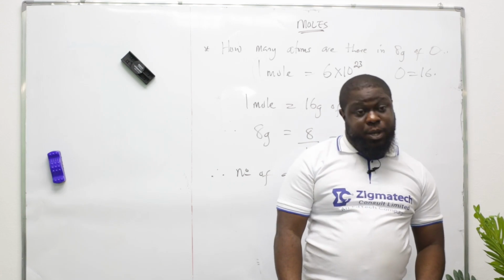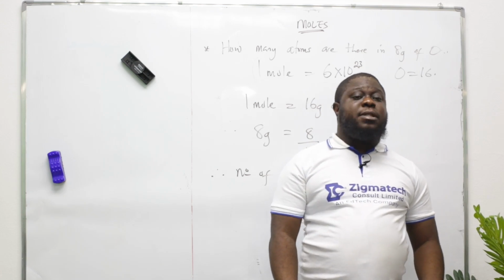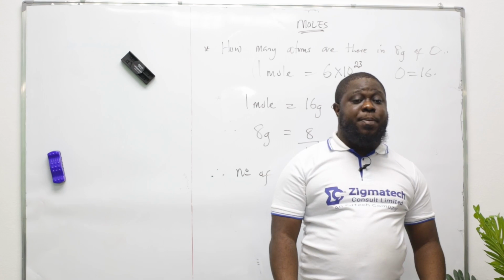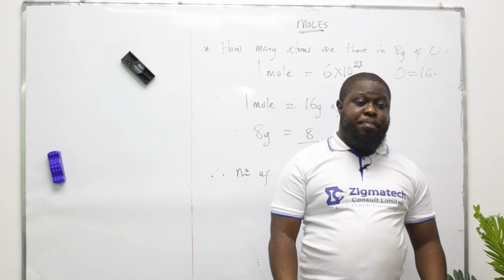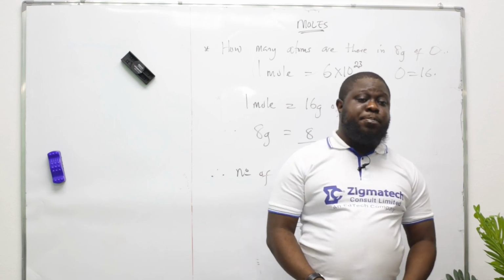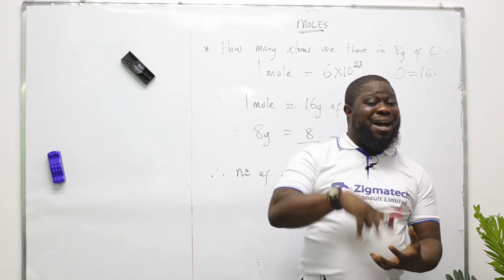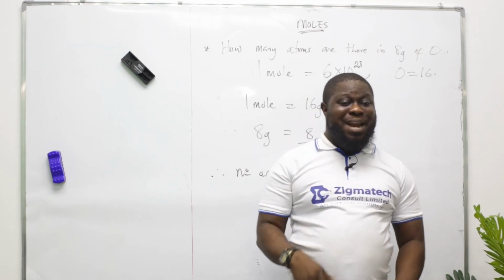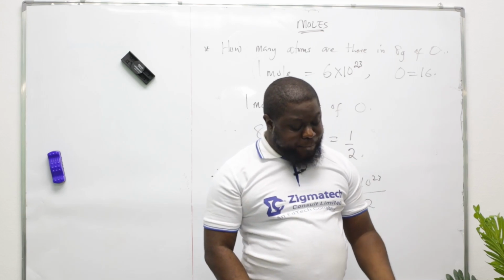Now, like I said, we've come to molar mass and weight. Molar mass and weight is the sum of the total mass in grams of the atoms present to make up a molecule per mole. SI unit is grams per mole.